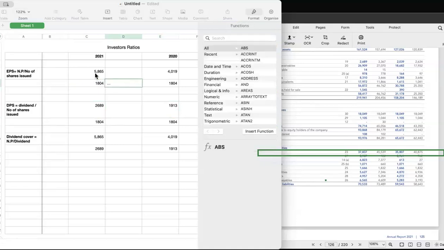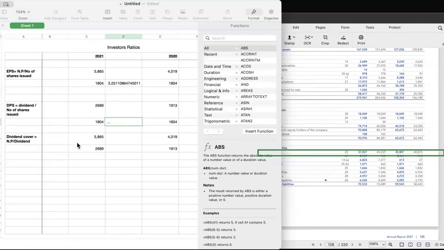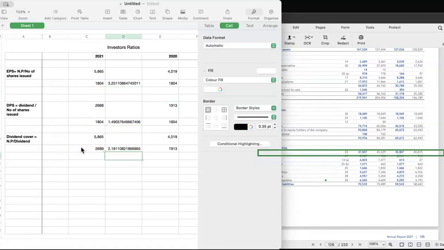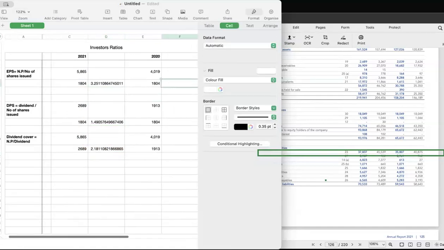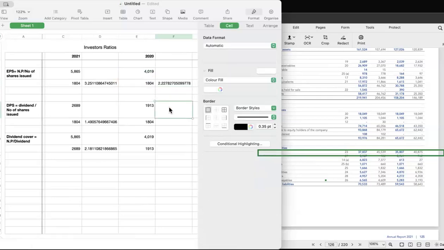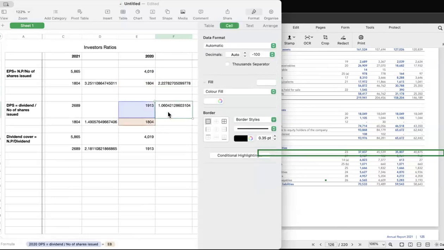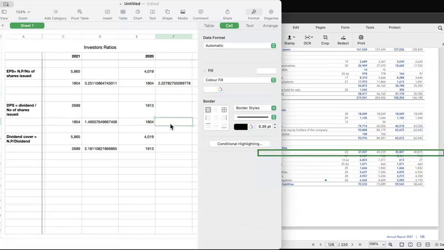Right, let's calculate. Easy. This divided by this. This divided by this. And here, this divided by this. This divided by this. Oh, it's here. I should have divided. Okay.